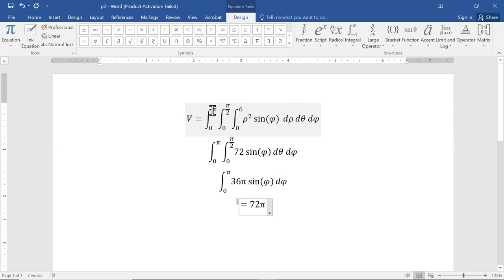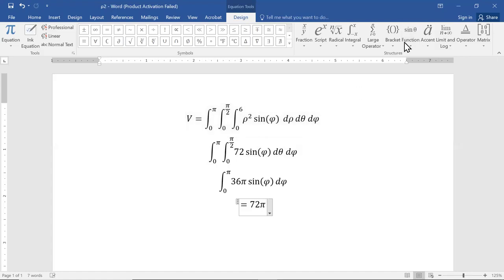So theta going from 0 to pi over 2 gives me a quarter of a circle in the XY plane. And if we go from 0 to pi, that takes me from the top all the way to the bottom. So basically, I get a quarter of a sphere. It almost looks like an orange slice of a sphere with radius 6.